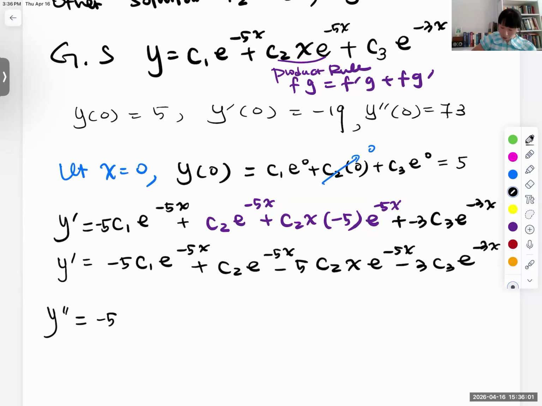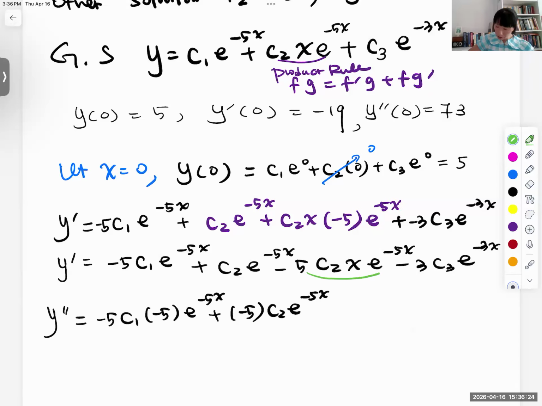We have negative 5 c sub 1 and negative another 5, e to the negative 5x, plus c sub 2 negative 5 c sub 2 e to the negative 5x. Okay, product rule again.